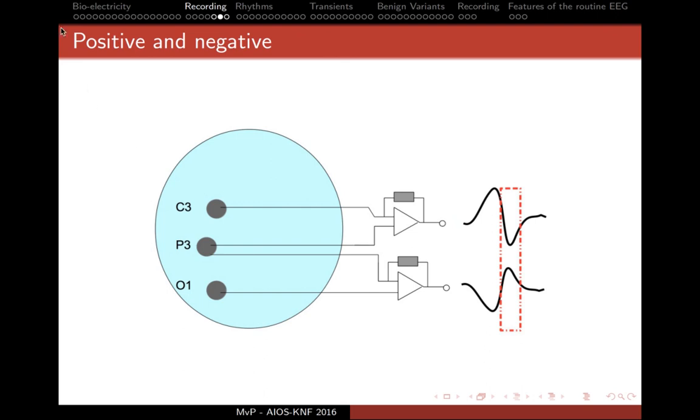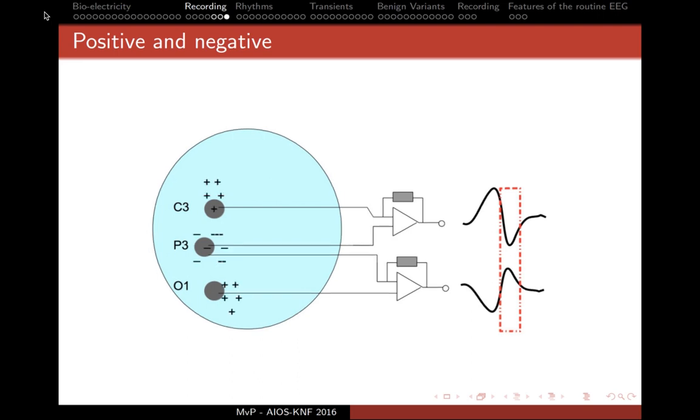So illustrated with charges. These are the same three positions as we just discussed, C3, P3 and O1. And now the charges are indicated. So say that at a particular moment there's more positive charge near C3, more negative charge near P3 and more positive near O1.